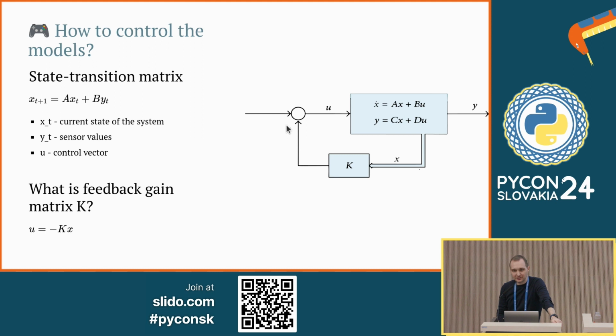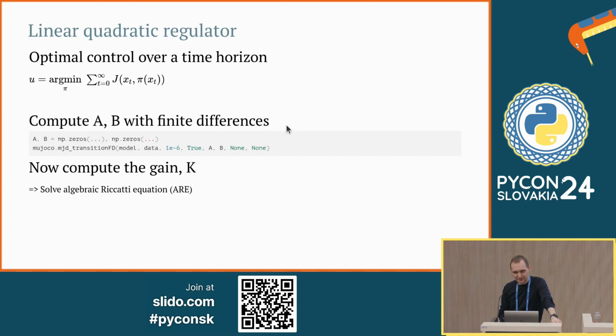But how do we compute this feedback gain? This is probably my most mathematical slide, and one way of doing it is computing some regulators, like the linear quadratic regulator. It's an optimal control over some fixed time horizon. What does it mean? It sounds like too much.